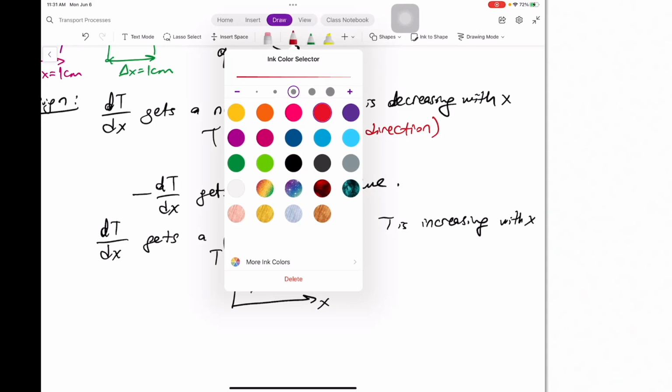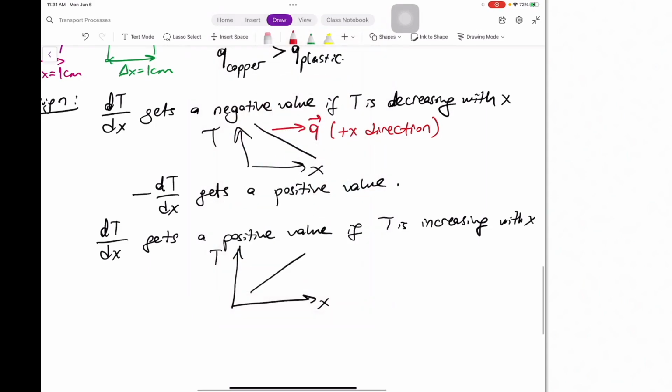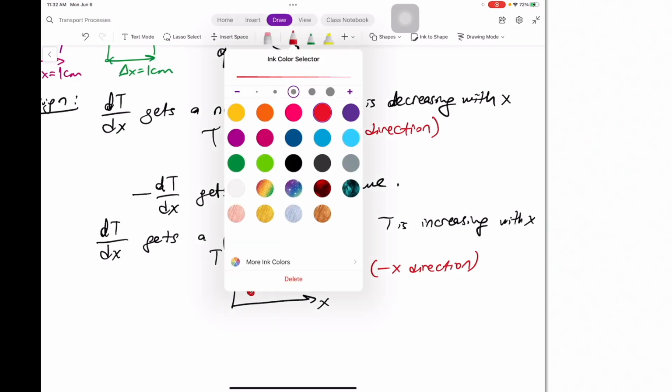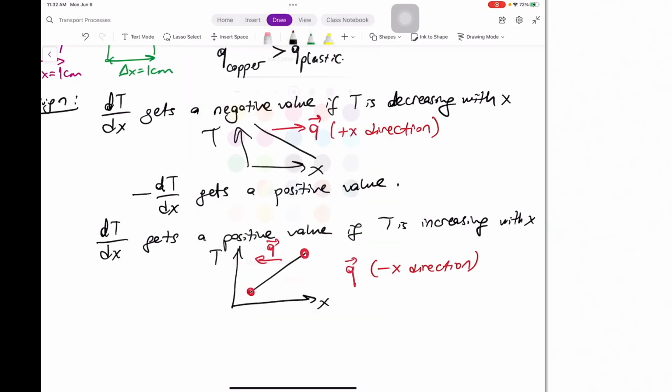But then the flux should go from the hotter temperature to the lower temperature. So the flux should be towards the negative x direction. So q, in this case, should be towards the negative x direction. That's why we need to put a negative sign in front of the dT over dx.